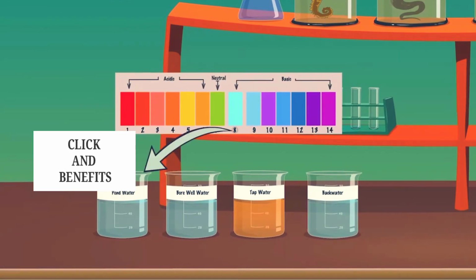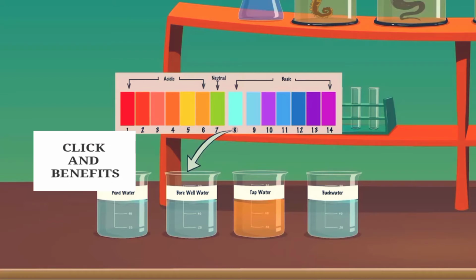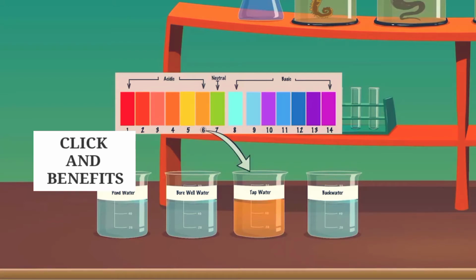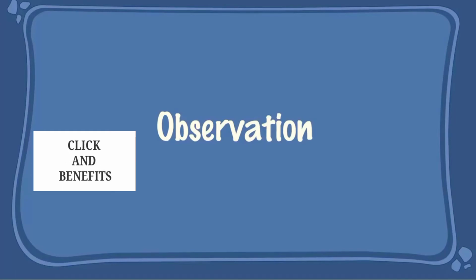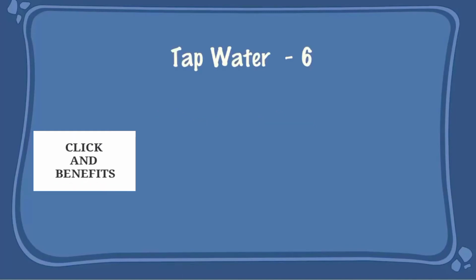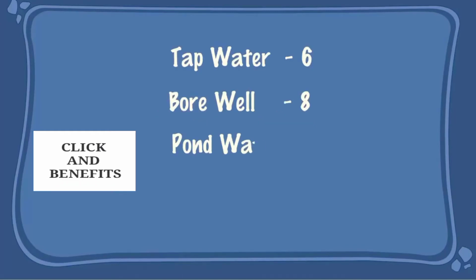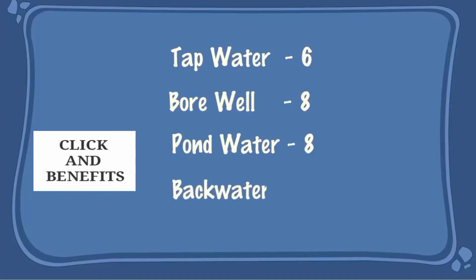Note the color developed and compare it with the color chart. We can observe that tap water has pH 6 and borewell water, pond water and backwater have pH 8.